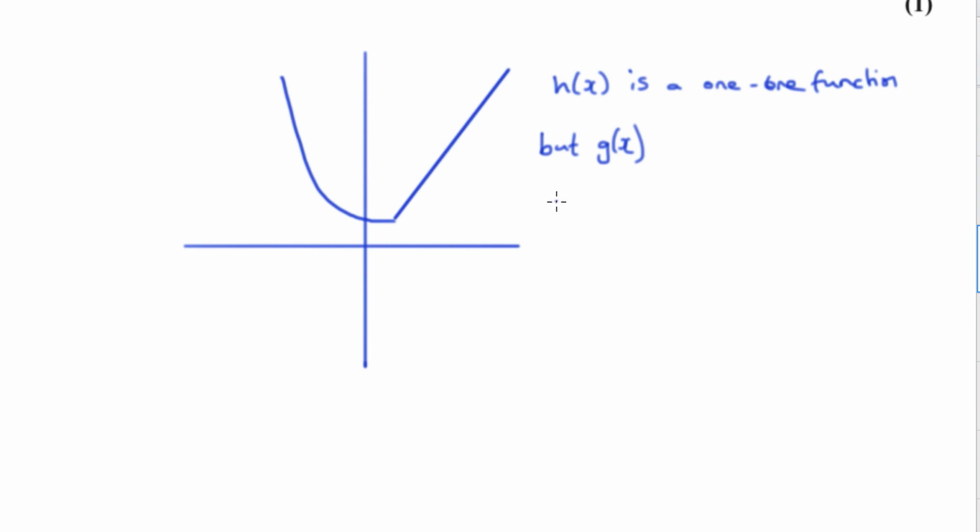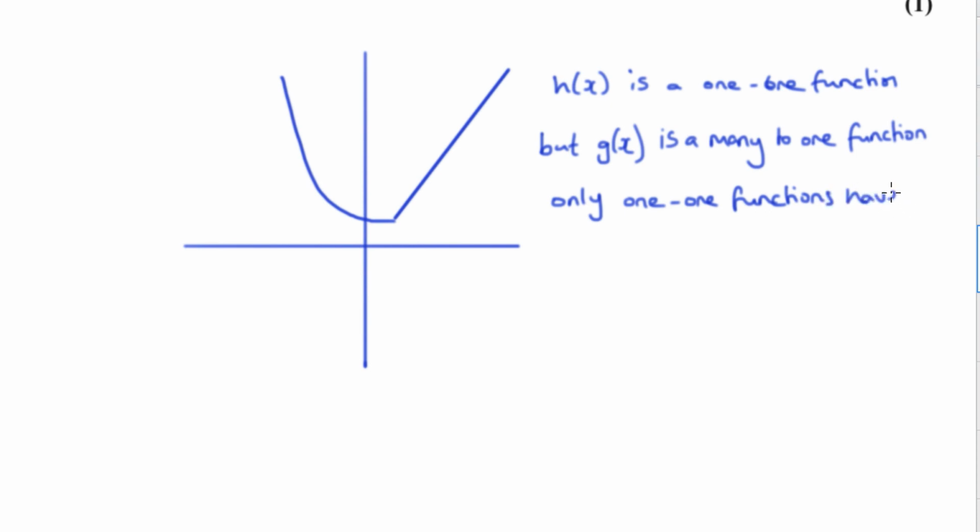So that is a many to one function. Many inputs produce the same output. Only one-to-one functions have inverses.